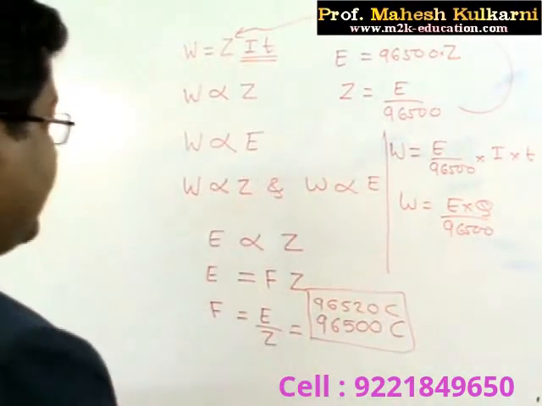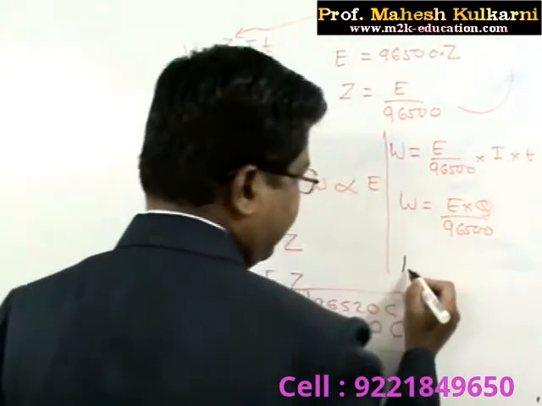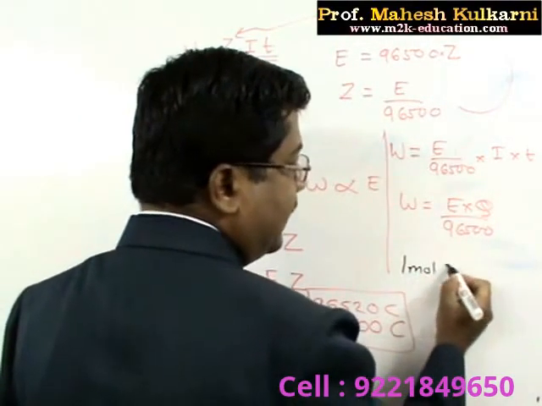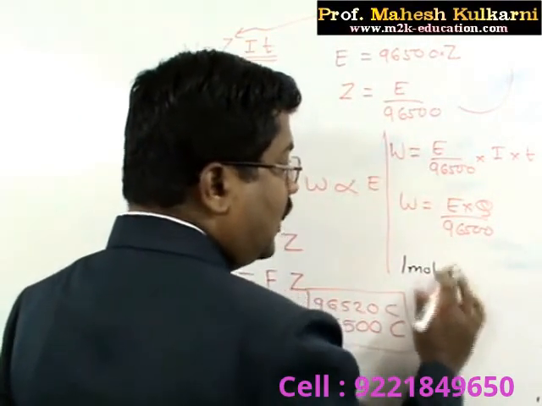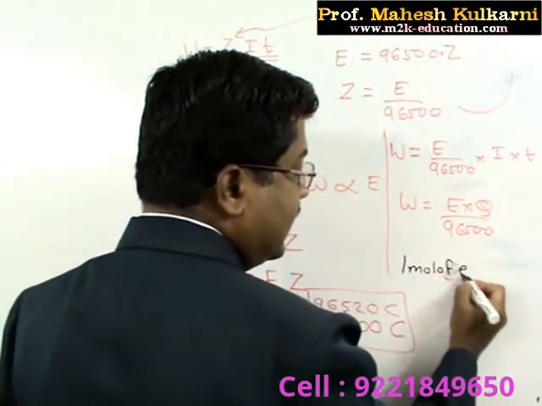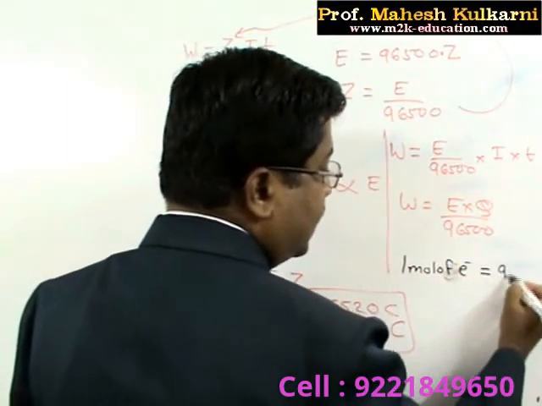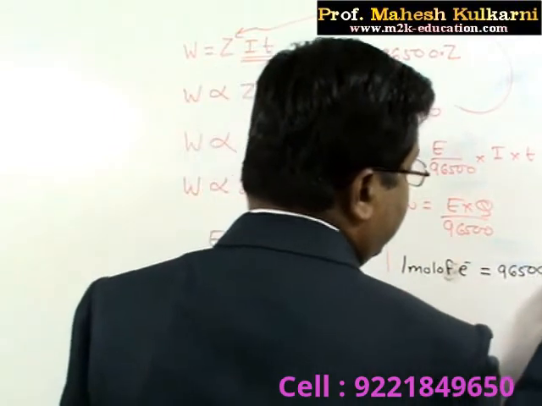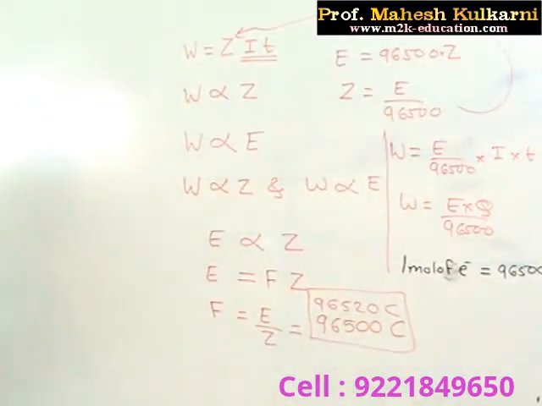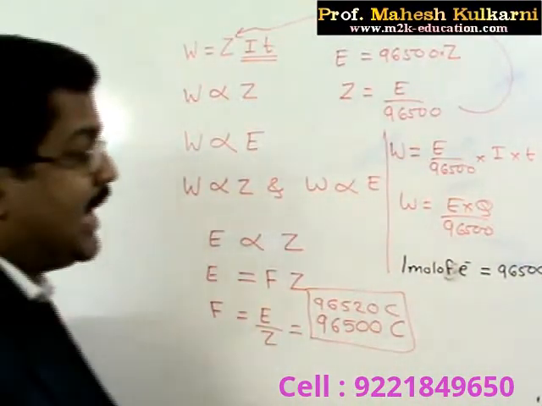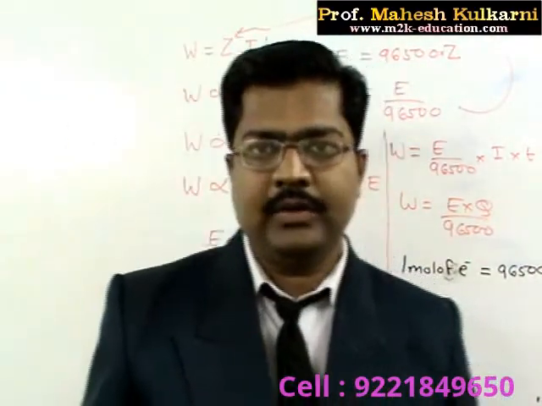So 1 mole of electrons corresponds to 96500 coulomb. So 1 Faraday is the charge on 1 mole of electrons.